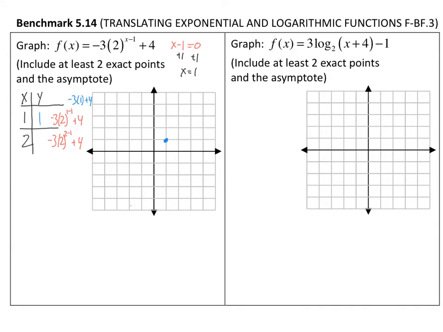So that's going to end up with negative 3 times 2 to the first, which is 2, plus 4. So negative 3 times 2 is negative 6. Negative 6 plus 4 equals negative 2. So right here you get negative 2.